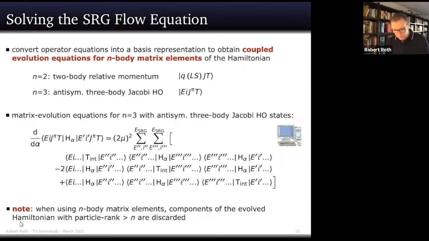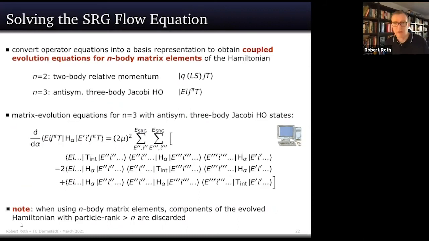We go to a representation, again, maybe relative momentum space matrix elements for the two-body system, or Jacobi three-body matrix elements in a harmonic oscillator representation, which I write like that for the three-body piece. And then my nice flow equation for the Hamiltonian boils down to this ugly beast.